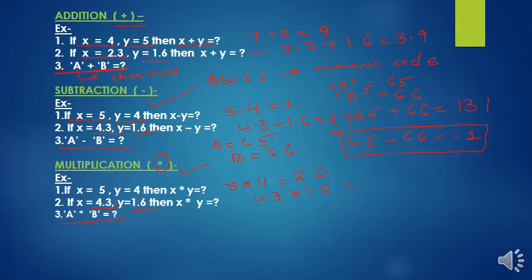So the Java compiler internally converts the constants a and b into their ASCII codes. ASCII code of a is equal to 65 and b is equal to 66. So it will return 65 into 66, that is equal to 4290.